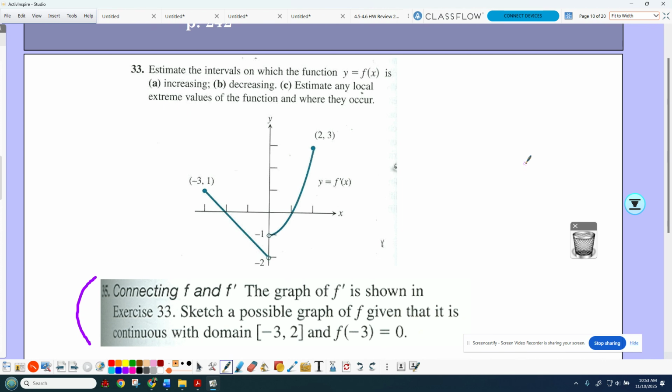But if the derivative is a straight line, what is the function going to look like? Curve, parabola. Is it going to be a happy face or a frowny face? Frowny. Why? Because the slope of this straight line was negative.